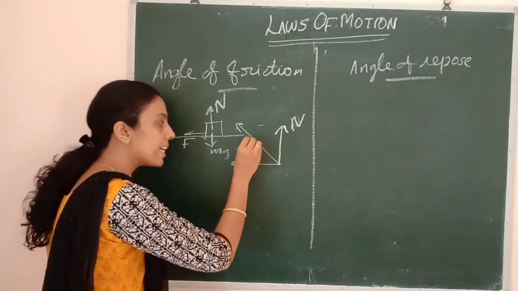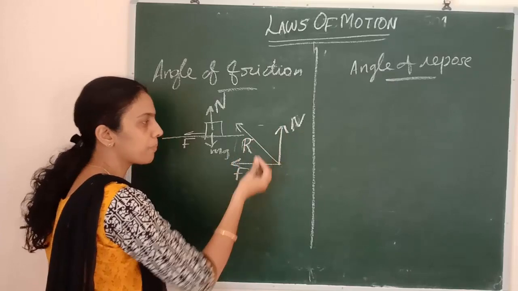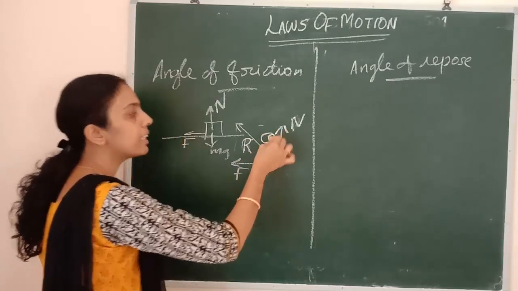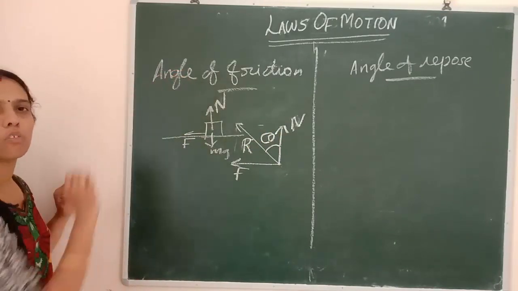This is the resultant of the two forces, and the angle between this resultant and the normal reaction is known as the angle of friction.